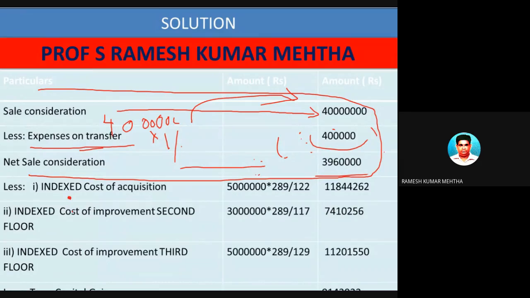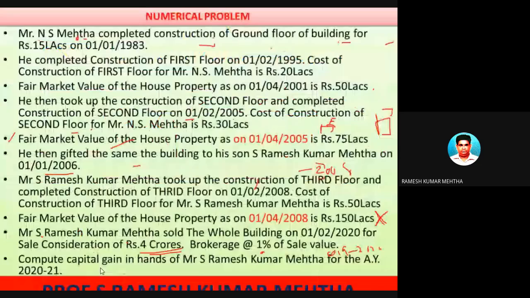First, you have to do indexed cost of acquisition. Second, you have to do indexed cost of second improvement and indexed cost of third improvement. Now, why do you have to do indexed cost of second improvement and third improvement, and not the first floor improvement?